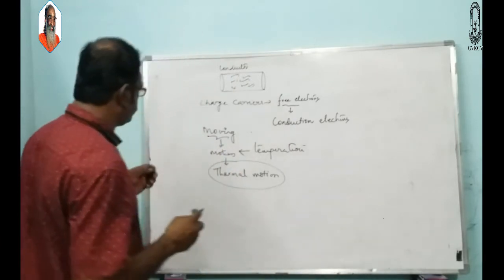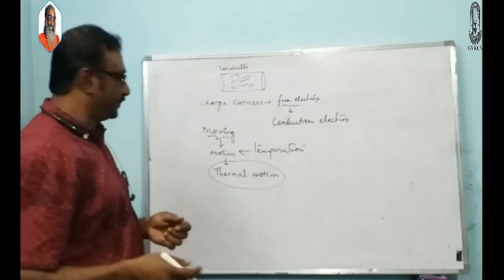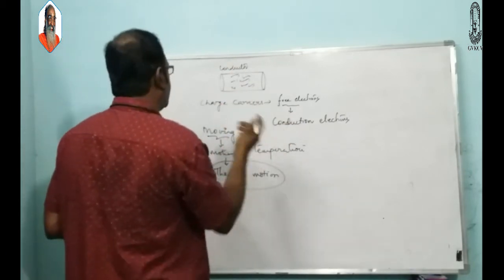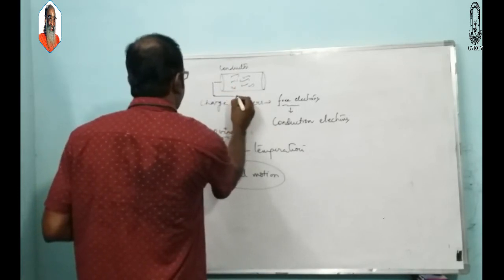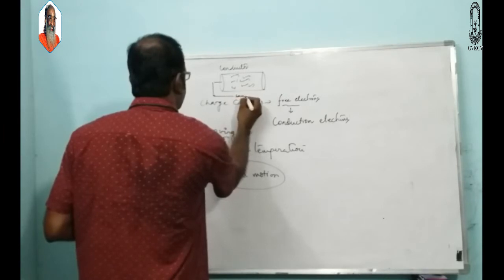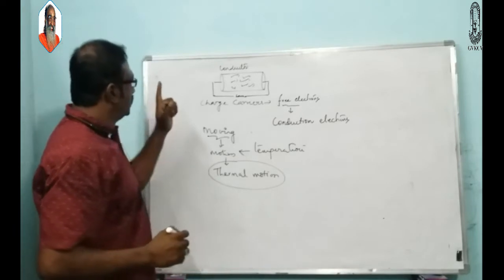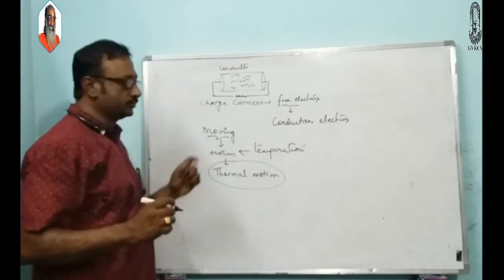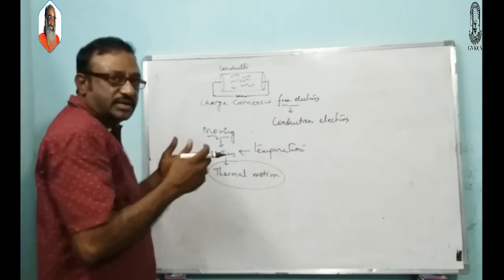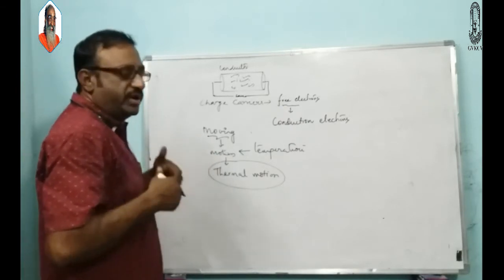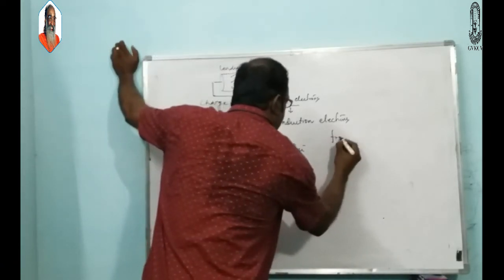Right now, when the potential difference is applied, or if you are connecting it to a source, any source, a cell or a battery or something else, these free electrons will gain some energy and will be accelerating.